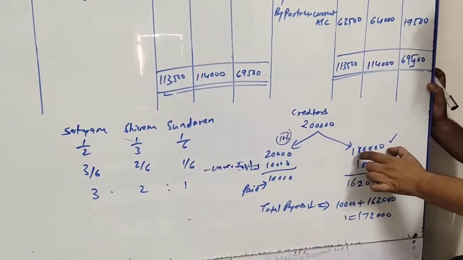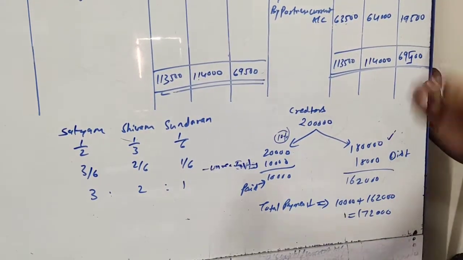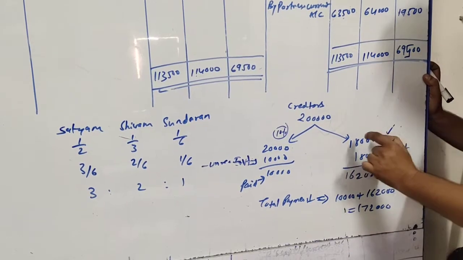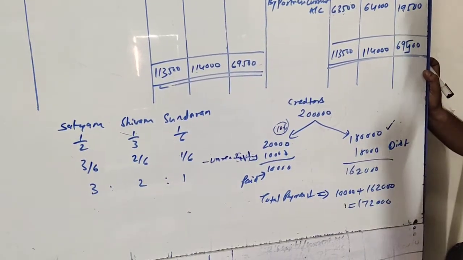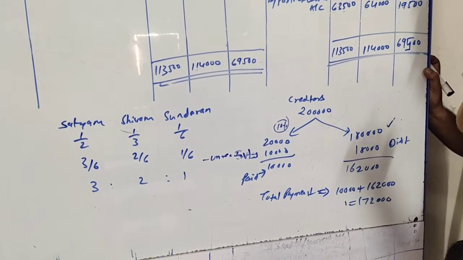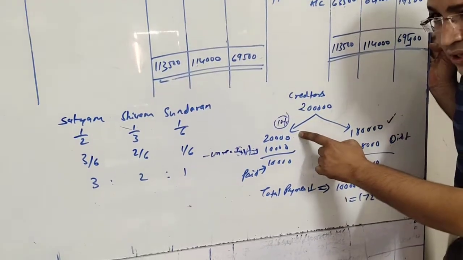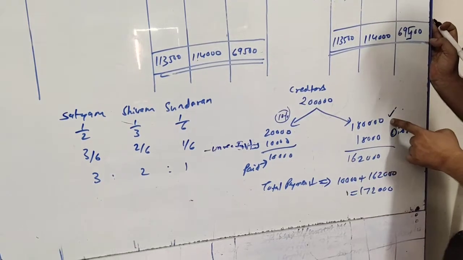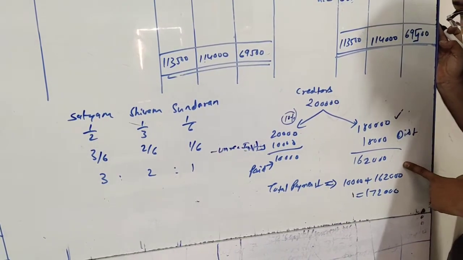Now the 1,80,000, which is the remaining amount of creditors, is given as paid at 10% discount. So we will apply 10% discount on 1,80,000, which comes to 18,000. So the amount comes to 1,62,000. So finally, to the creditors of 20,000, rupees 10,000 is paid in cash, and to the creditors of rupees 1,80,000, rupees 1,62,000 is paid in cash.